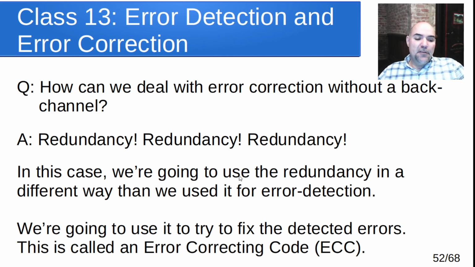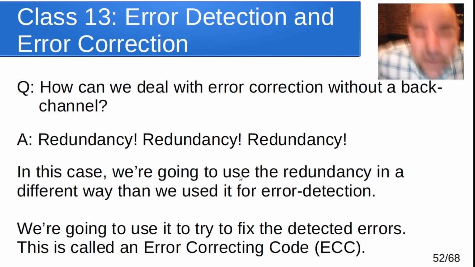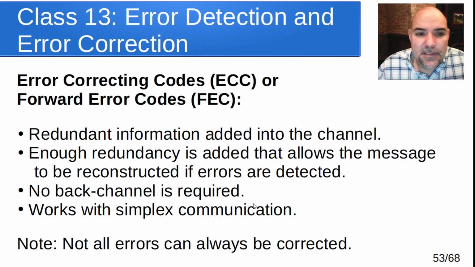And that is using the redundancy in a special way that's called an error correcting code, or ECC, as those are commonly called. And there are really two types. We'll talk about those more, but a forward error correcting code is a name for an error correcting code.